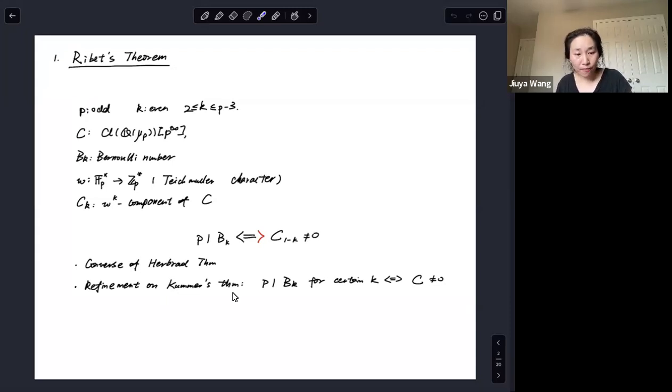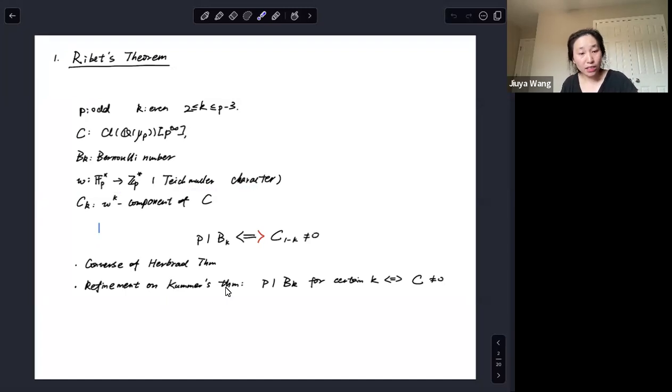And Herbrand gives the refinement of Kummer's theorem by taking into consideration the Galois module structure of the class group. That is, we consider the Galois group of the cyclotomic extension acting on the class group, and then C naturally decomposes as a direct sum into components that are indexed by omega to the i, where omega is the Teichmuller character.